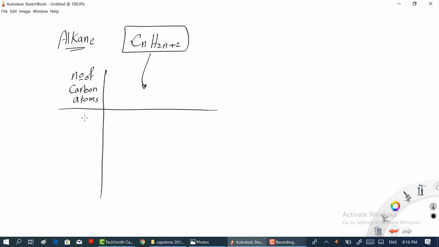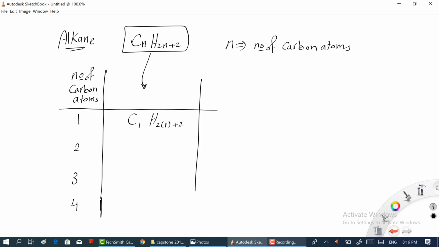Rule: 1, 2, 3, 4. One carbon atom, C1. N represents the number of carbon atoms. So finally it's CH4. This is the molecular formula.